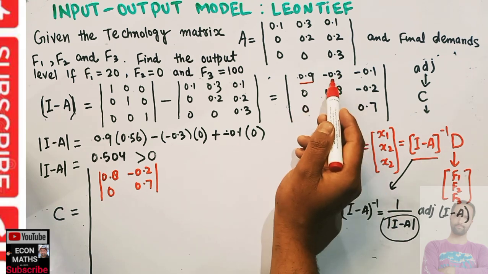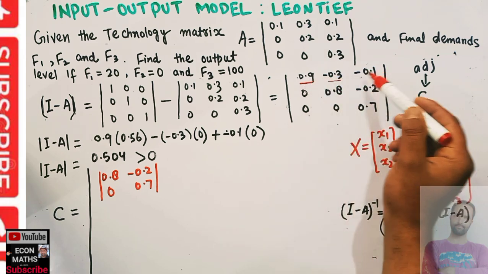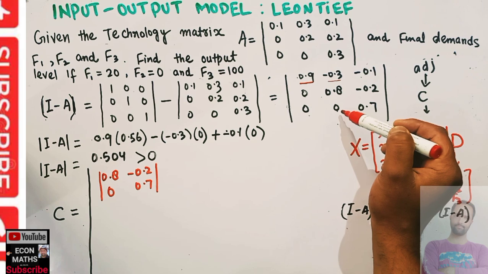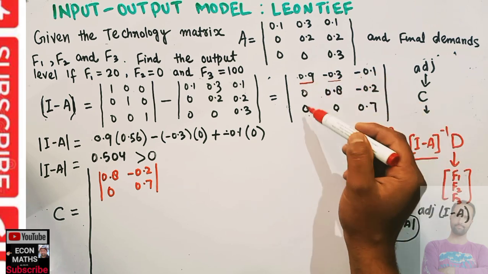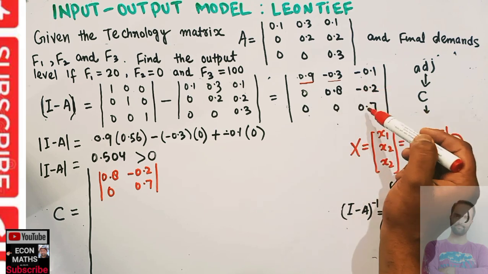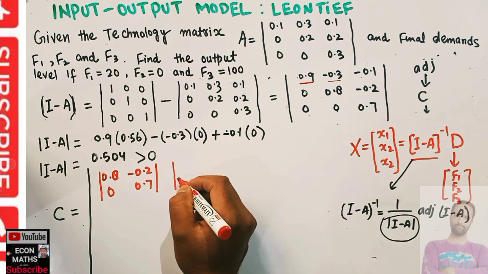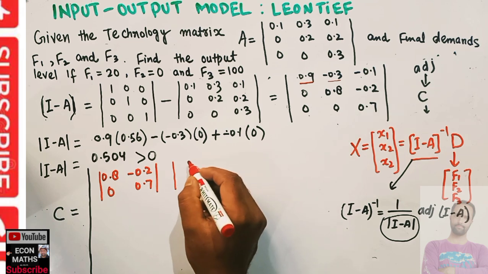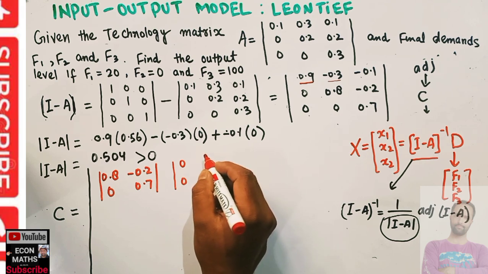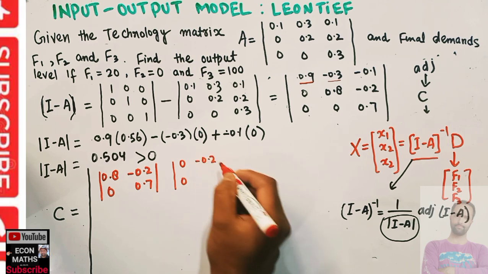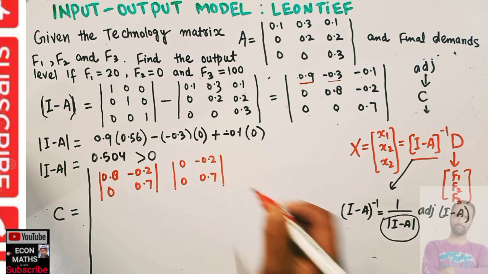Similarly, to find the cofactor at the second place, we mentally delete this row and this column and take the determinant of the remaining elements. Deleting this row and this column, we are left with 0, 0, minus 0.2 and 0.7. So let me write it here: another minor will be 0, 0, minus 0.2, 0.7.